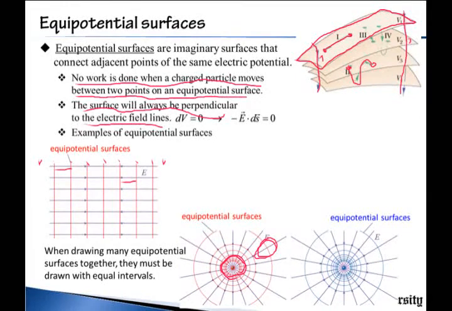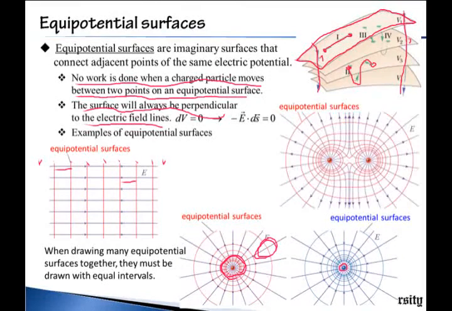Okay, and then what if you have a negative point charge in the middle? Basically they look the same, but the only difference is the direction of the electric field. So therefore what you can say is that in the case of positive point charge, electric field was higher near the charge, but in the case of negative point charge, the electric field will be higher far away from it.